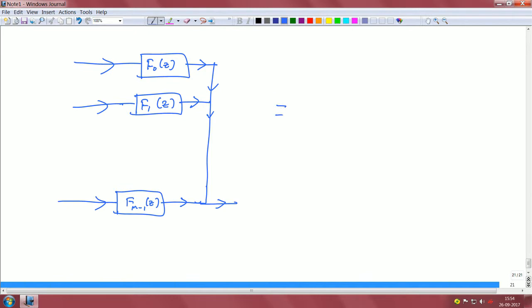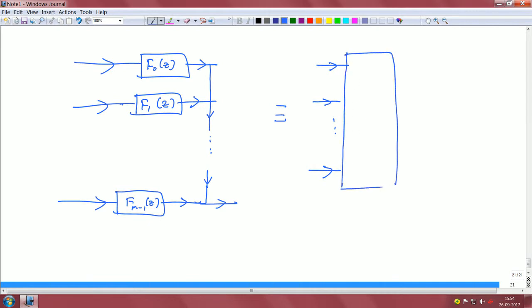And this is equivalent to having all these band signals that go through a type 2 polyphase decomposition followed by delay elements that combine the outputs.